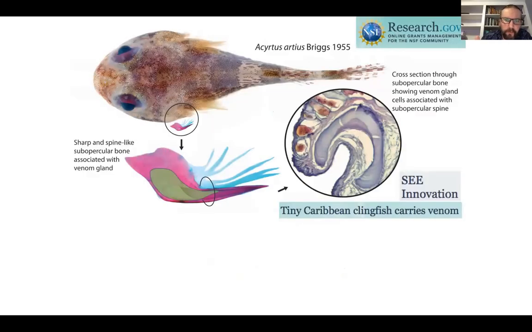And we propose that the modified cells may be producing some type of toxic substance, which is delivered via this very sharp spine-like process on the subopercle. And we haven't followed up with this, and we have no evidence to support that these cells produce toxin, but based on their similarity to other cells and the toxin glands of other fishes, we think that this is quite possible.